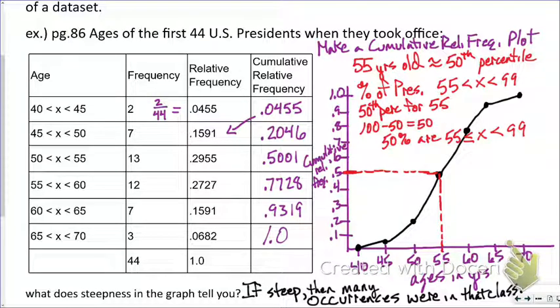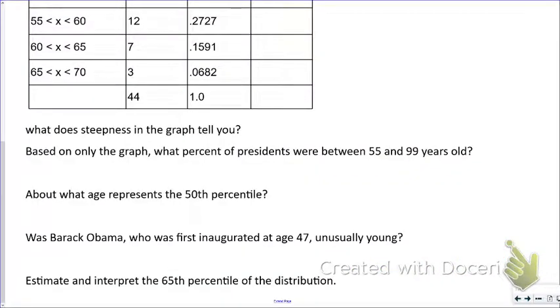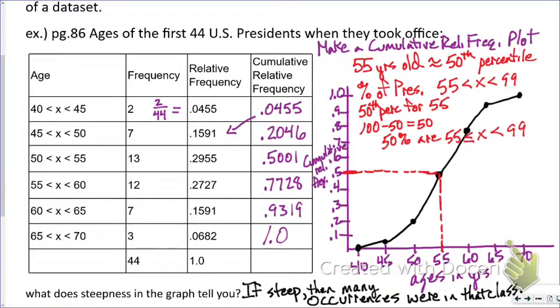All right, let's look at a couple more questions. Was Barack Obama unusually young at 47? Let's look at that. 47 is roughly right here. I would say on my plot during third period it was a touch higher. That's like the 11th or 12th percentile. So Obama was at the 12th percentile.